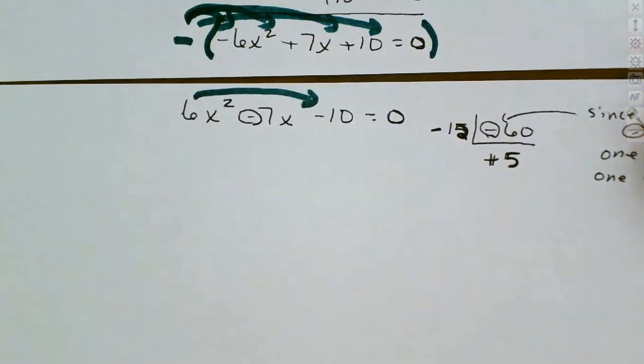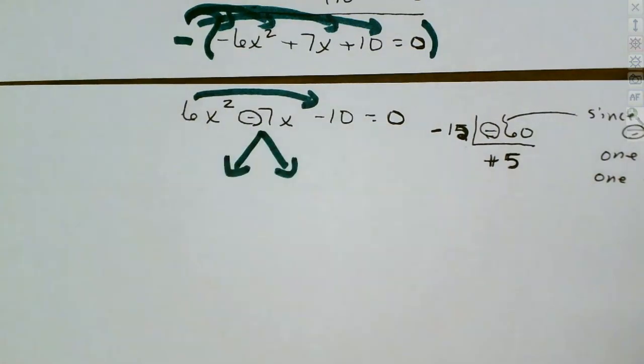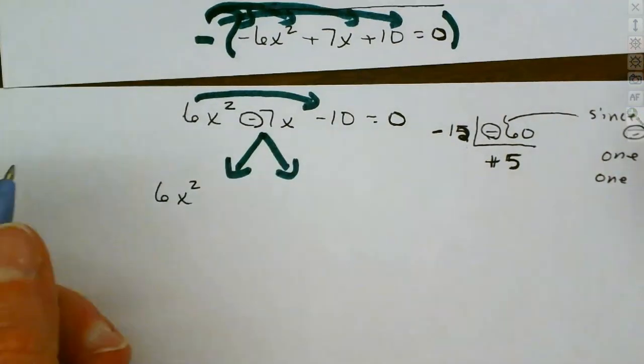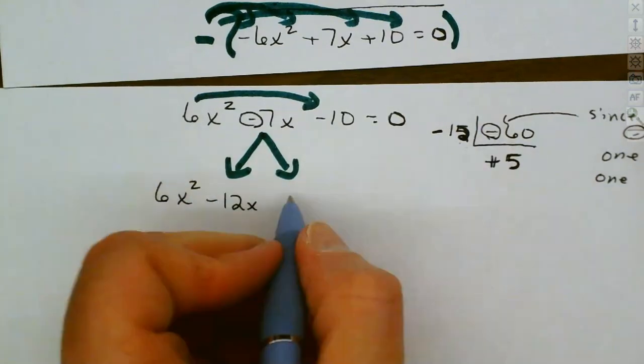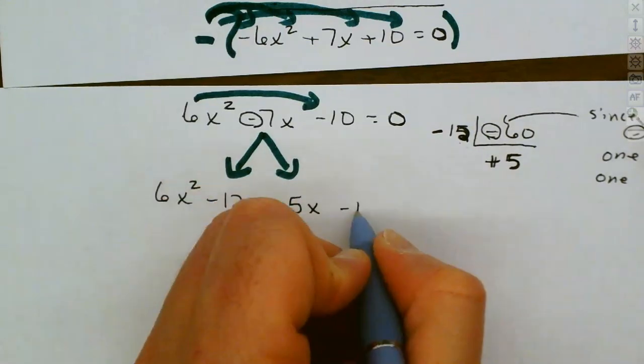Can we jump to our factors? No. We have to do factor by grouping. So let's split this up. So now we've got 6x squared. Okay. We've got a minus 12x from here. We have a positive 5x. And just bring down the negative 10.